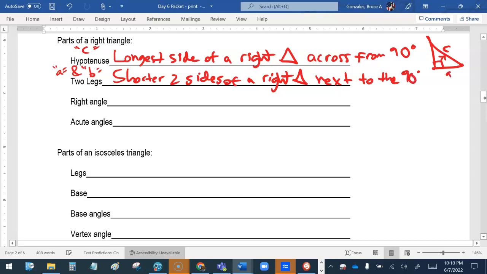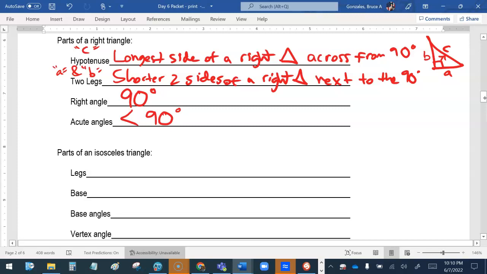So you got A and you got B. Cool. Right angle, 90 degrees. I don't know what to say about that. And acute angles, less than 90 degrees. Right? So those are parts of a right triangle.